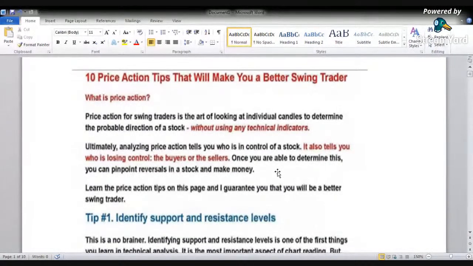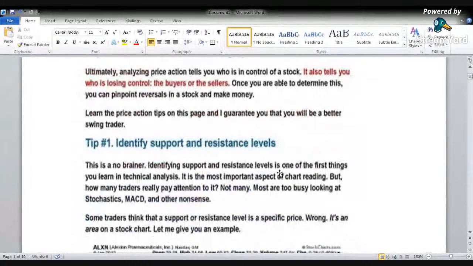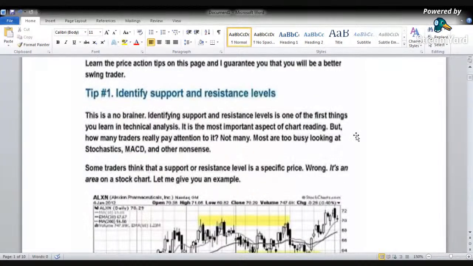So this is the tip number one. No? So it's very important, the price action, because we can determine there, as said here in the notes, who is losing control, the buyers or the sellers. So the first tip is you need to identify support and resistance level.